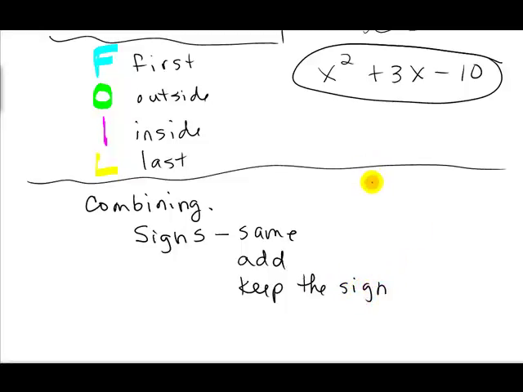So if I had 5 plus 2, you've been doing this since first grade. Positive, positive, those are the same. We add and we keep the sign, so the 7 is positive.